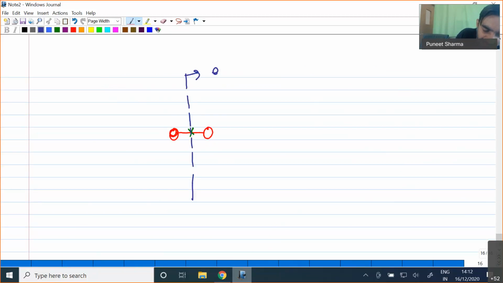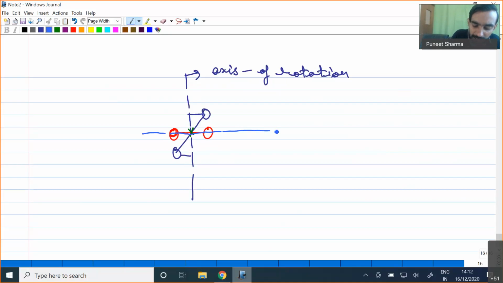In this case, you can see that the center of mass and axis of rotation are coinciding, but if your molecule is rotating, your atomic masses are at a certain distance from the axis of rotation. So these atomic masses will be contributing towards the rotational kinetic energy about this axis. However, if my axis is like this, then my rotational kinetic energy will be 0. It means it will be 0 when my masses are located on the axis of rotation. That's why it is taken like this.